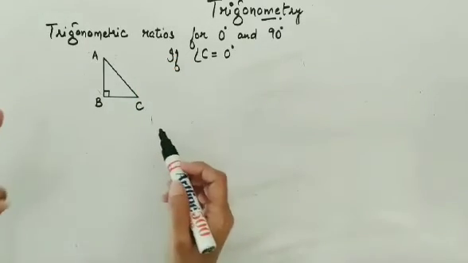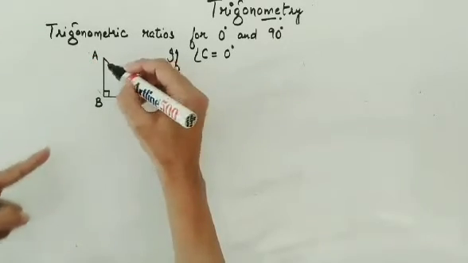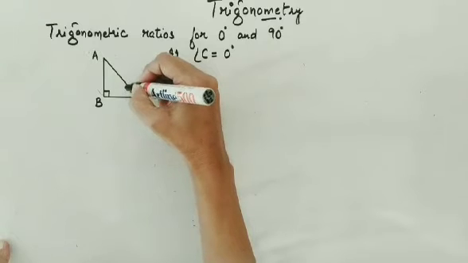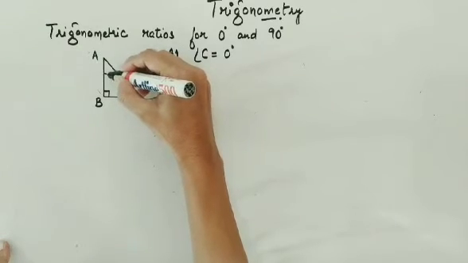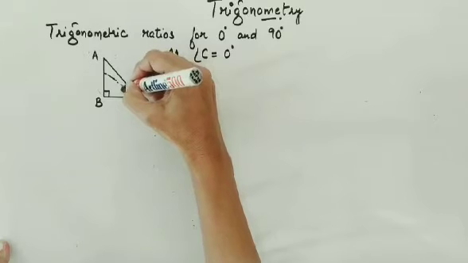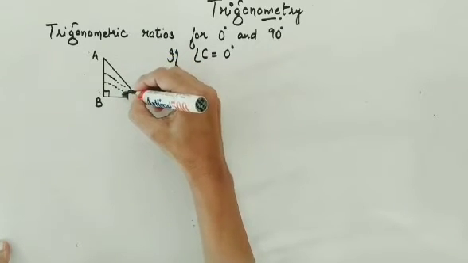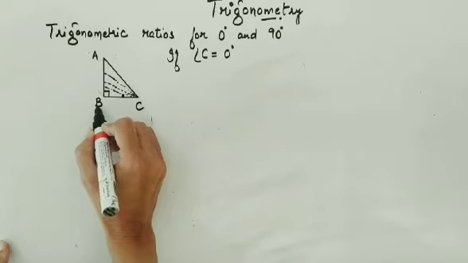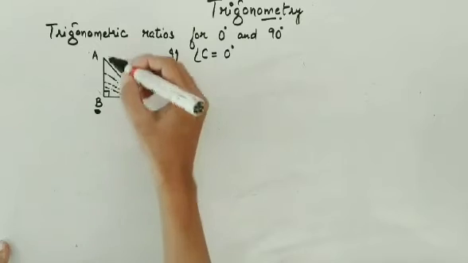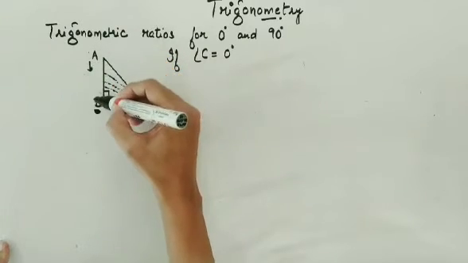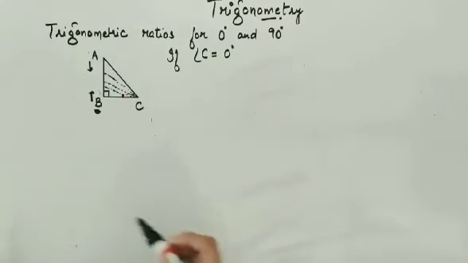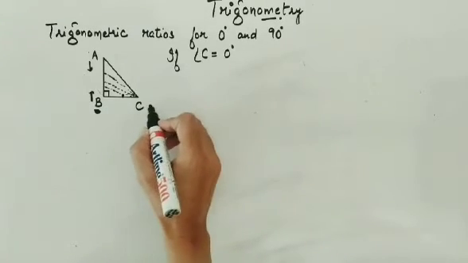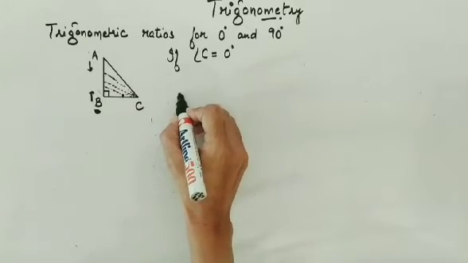Because see, this side AC would keep moving down and it will try to get closer and closer to, in fact, if I say these points A and B would completely overlap, only then angle C would be 0.